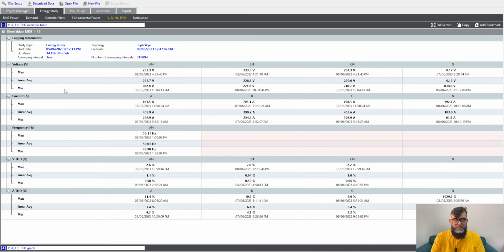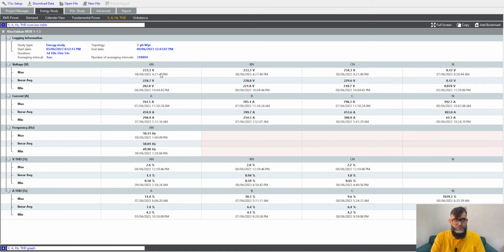Once we look at this, AN means your voltage reference between phase 1 and neutral. Where I'm from, we call it the red phase. So basically red and neutral, then yellow and neutral, and then blue and neutral. It's just phase to neutral voltages.